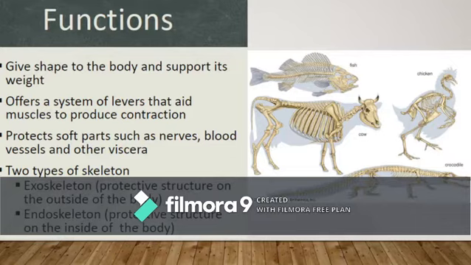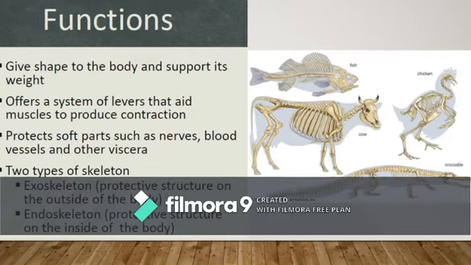It also protects soft parts such as nerves, blood vessels, brain, and other viscera. One good example, you have the brain enclosed by a skull, and the heart and the lungs are protected by the ribs. As a protective and supportive system, the skeleton can be divided into two types.